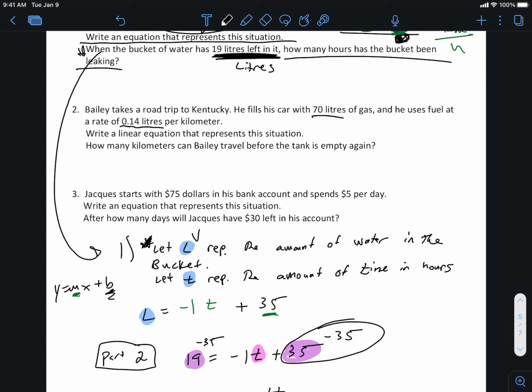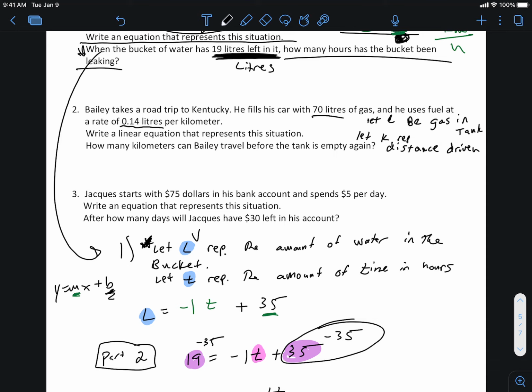And so you're going to say, okay, let's write an equation about the gas tank. Again, we could say let L be gas in tank, and then let K represent distance driven. So you say, I'm interested in the gas tank.